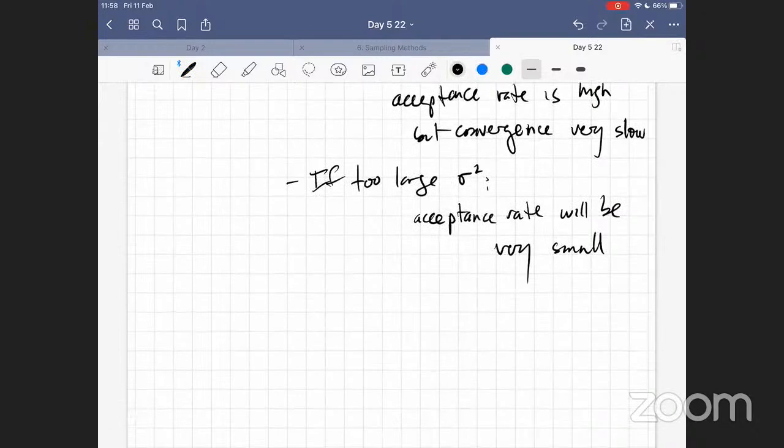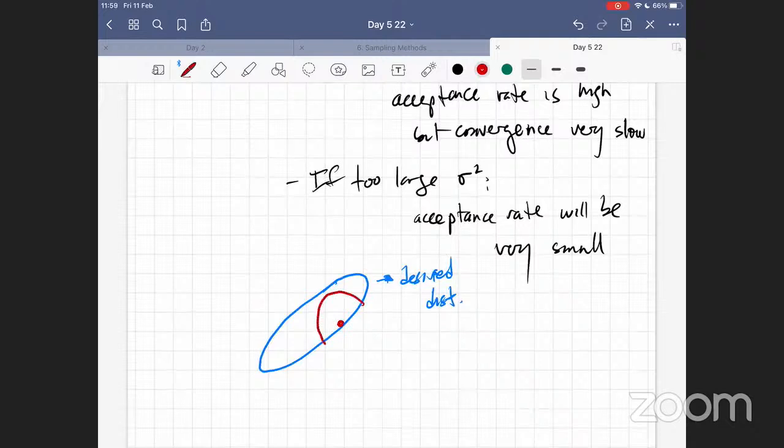So imagine that you're trying to have, that would be the desired distribution. Then typically you may have a proposal distribution.